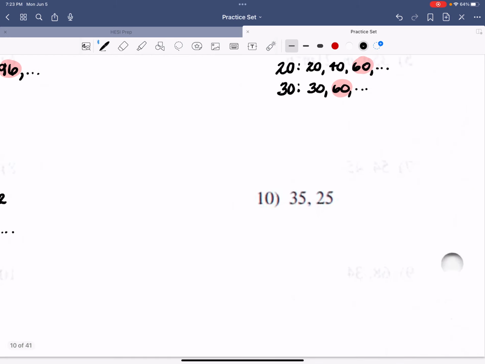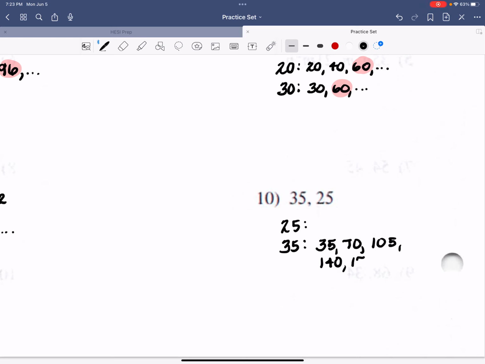Number 10. I like the 25s because if I think of money, quarters, I'm going to run the 35. So let's see what we get. There's 35 times 1, 35 times 2, 35 times 3, 35 times 4, 35 times 5.